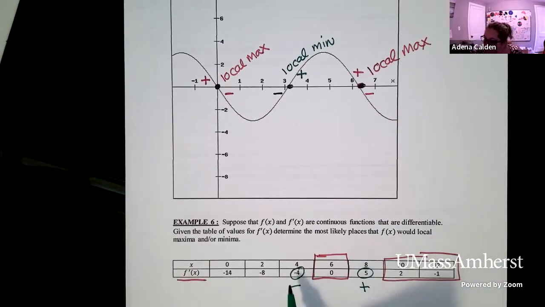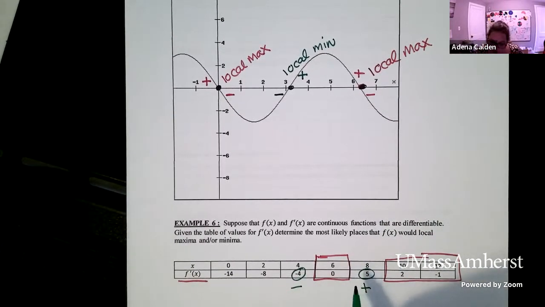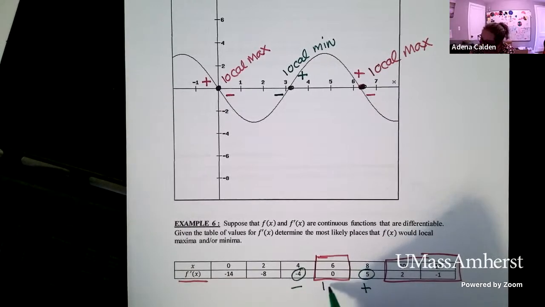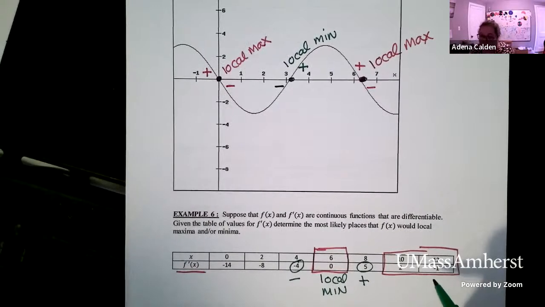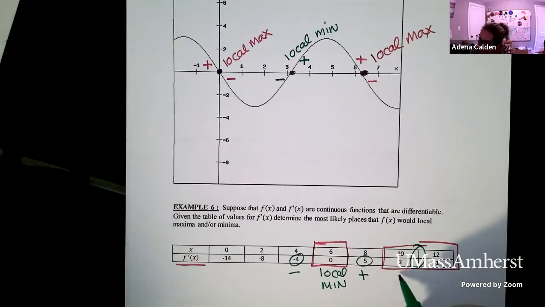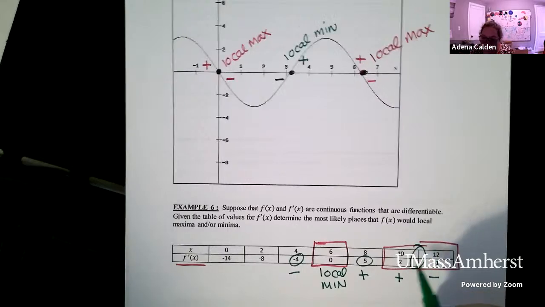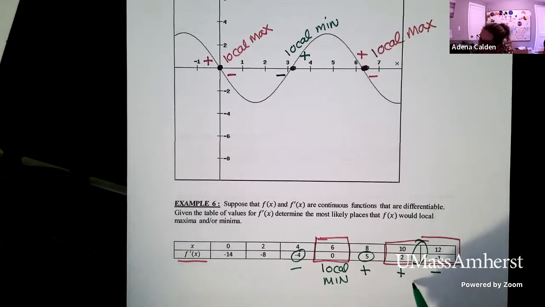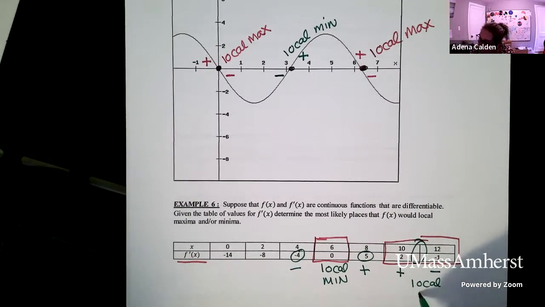So if your derivative goes from negative to positive, that makes your critical point a local minimum. Over here, we know that our critical point is between 10 and 12, and we see that the values of the derivative go from positive to negative. So this critical point between 10 and 12 has to be a local maximum, okay?